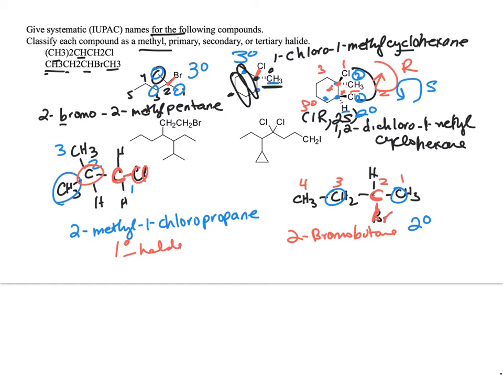Okay, going to the next one here. Bromine doesn't have to be in the ring or in the long chain. 1, 2, 3, 4, 5, 6, 7. So this would be, our longest chain is heptane. And we have a 3-isopropyl.